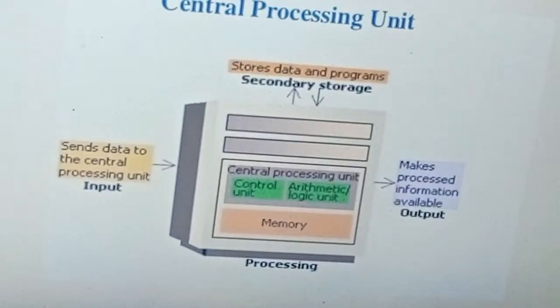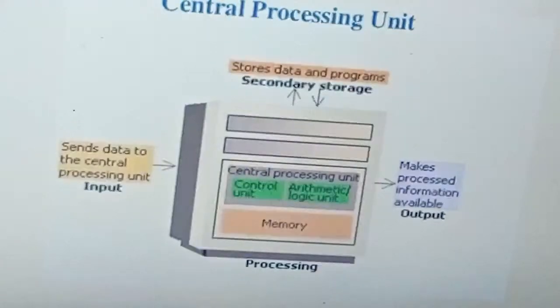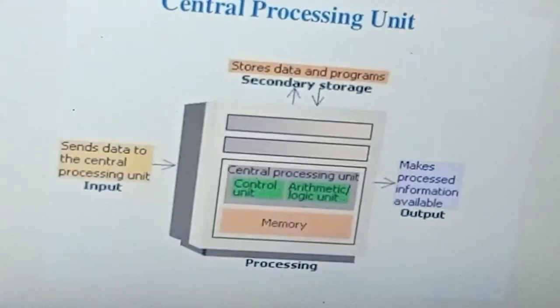The second step is decode, that is, it decodes that instruction and directs that the necessary data be moved from memory to the arithmetic logic unit.